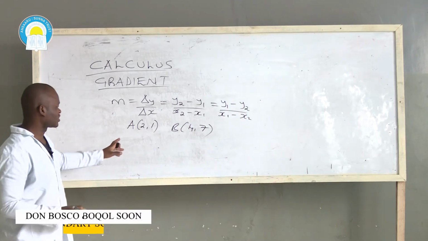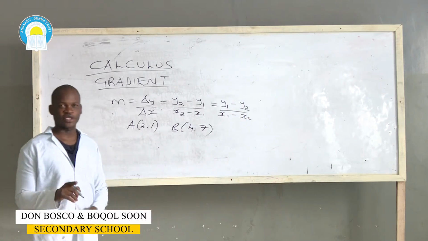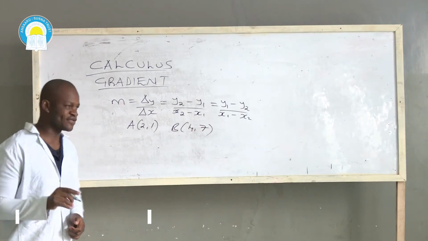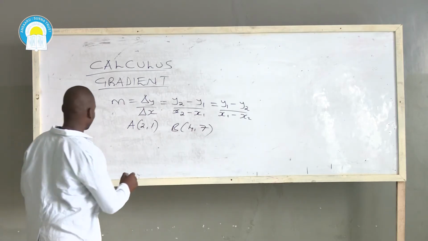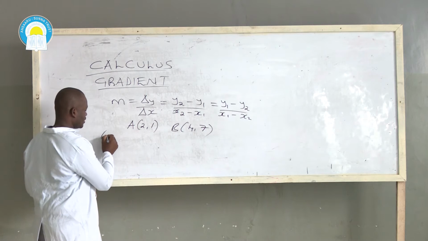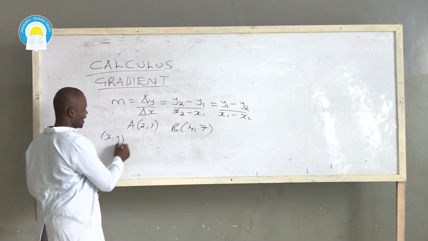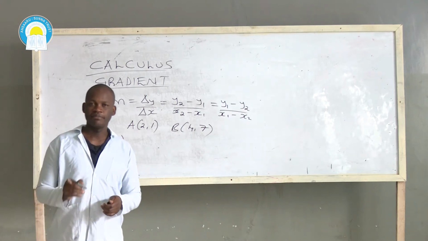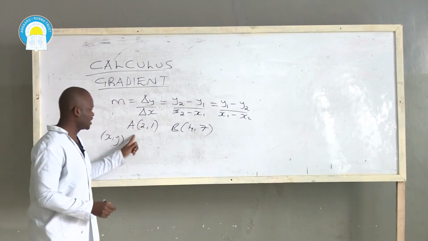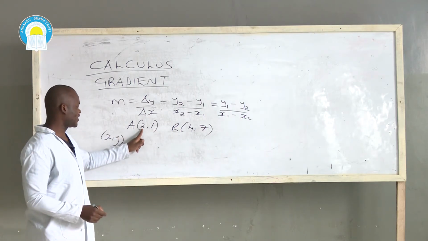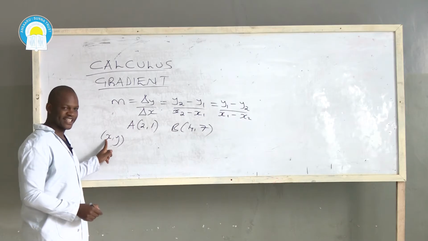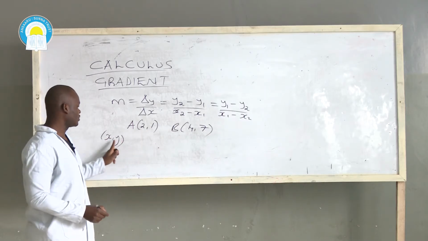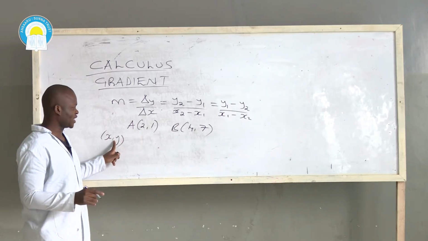You must recall from your Form 1 topic, coordinates and graphs, that a coordinate of a point takes the general form x, y, meaning the first value is the x value, the second value is the corresponding y value.